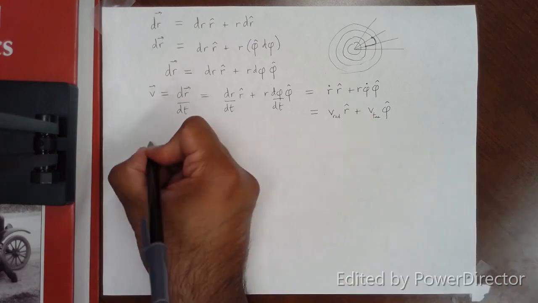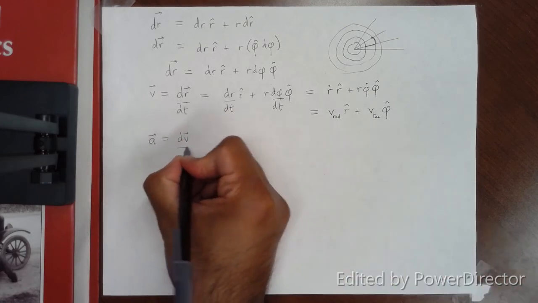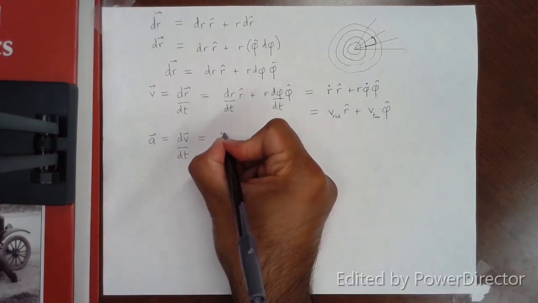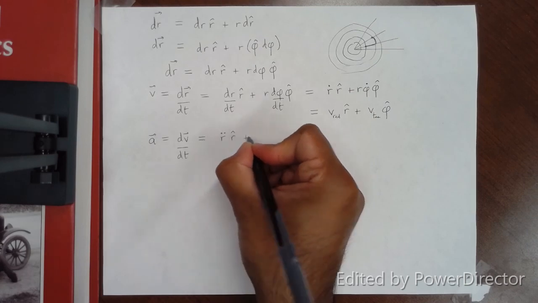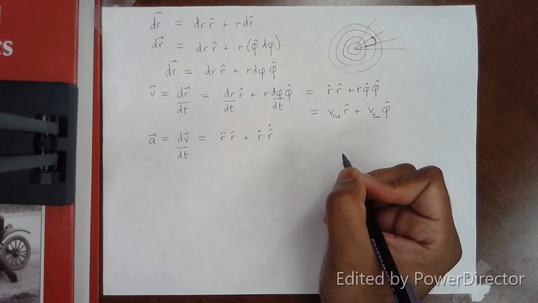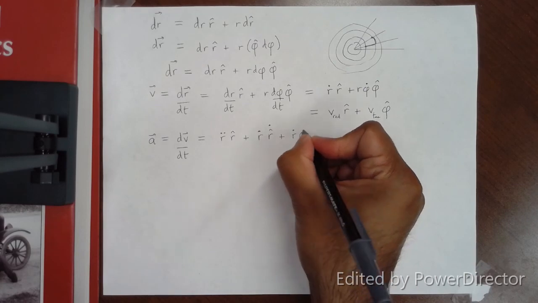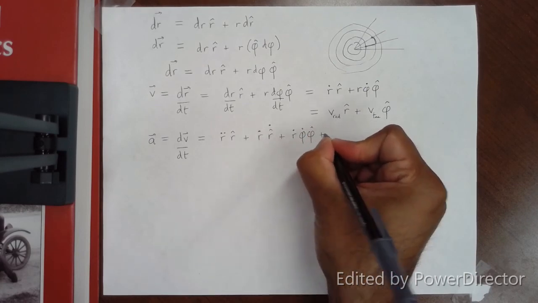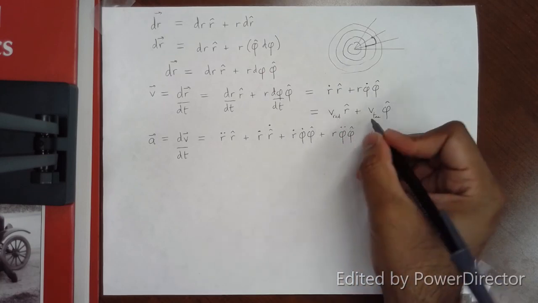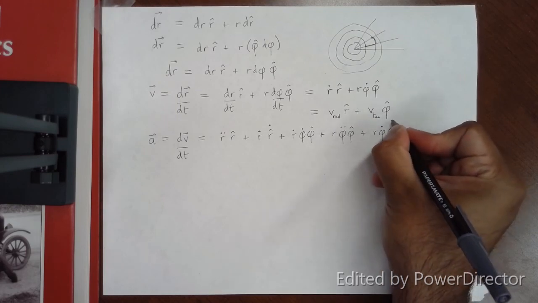If we want to go on to acceleration, we will need to take the derivative of this, and we can see that that would be r double dot times r hat plus r dot times r hat dot plus r dot times phi dot times phi hat plus r times phi double dot times phi hat plus r phi dot times phi hat dot.